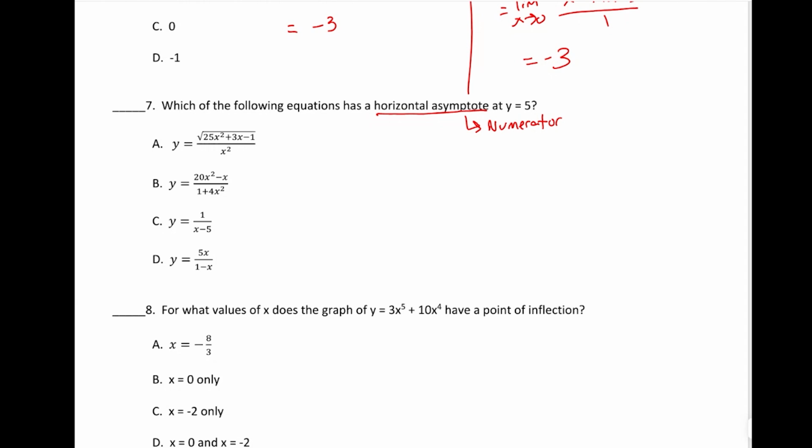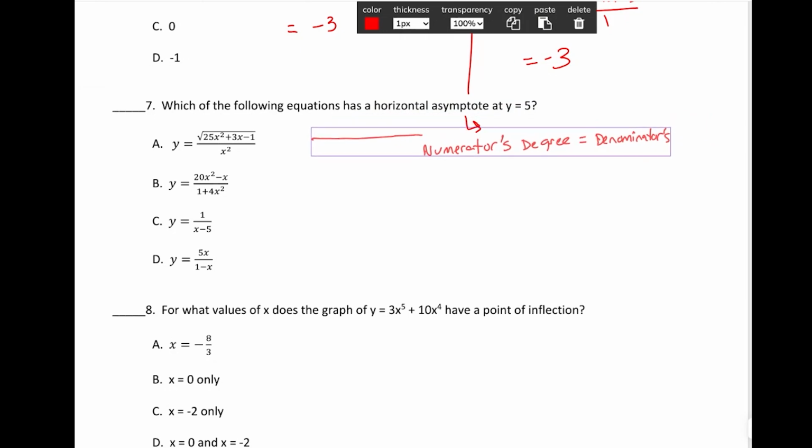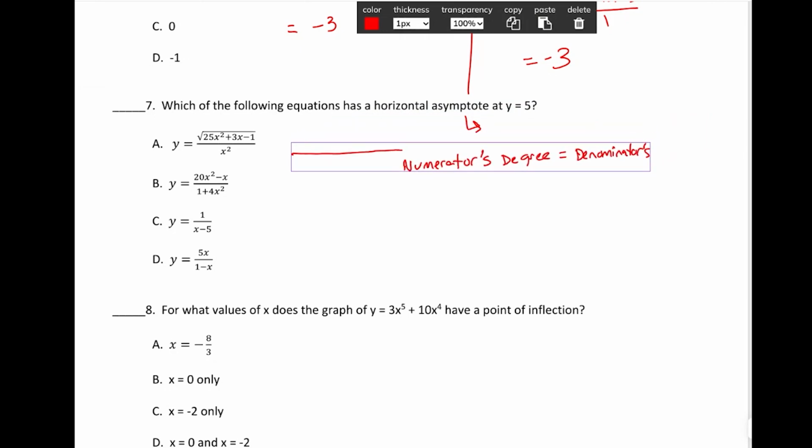So for the horizontal asymptote to be y equals 5, the numerator's degree must equal the denominator's degree. Let's just move this over a little bit here.